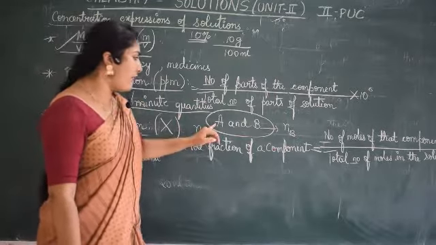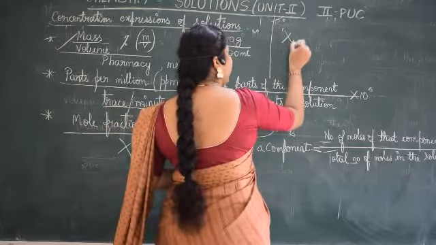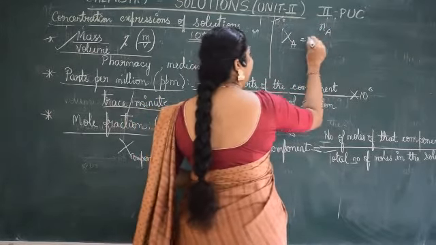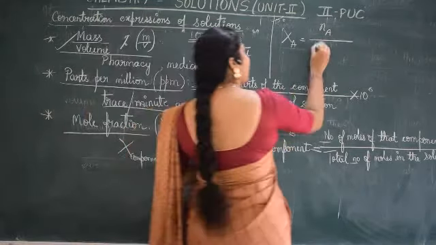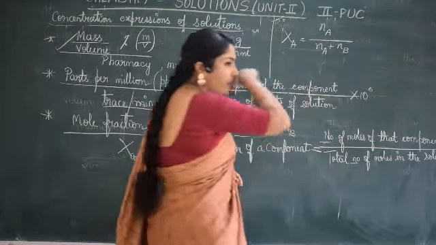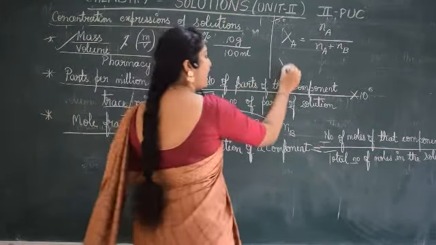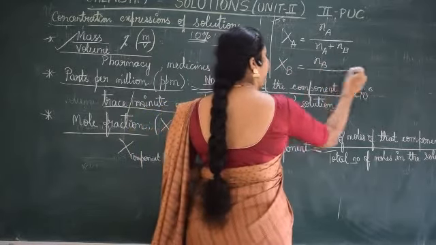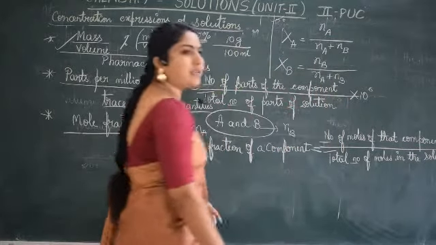Then if I have to find mole fraction of component A, it is number of moles of that component, Na, divided by total number of moles in the solution, means number of moles of A as well as number of moles of B. Clear now? If you have to calculate mole fraction of B, how do you calculate? Number of moles of that component B divided by total number of moles in the solution.